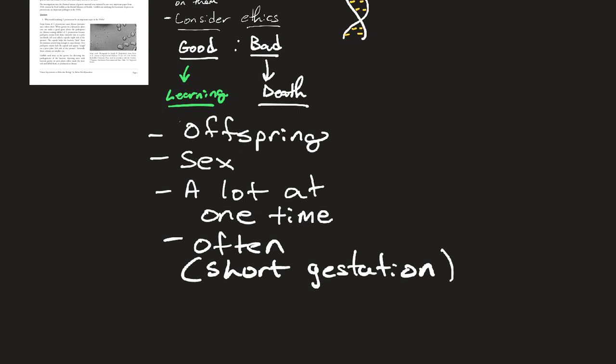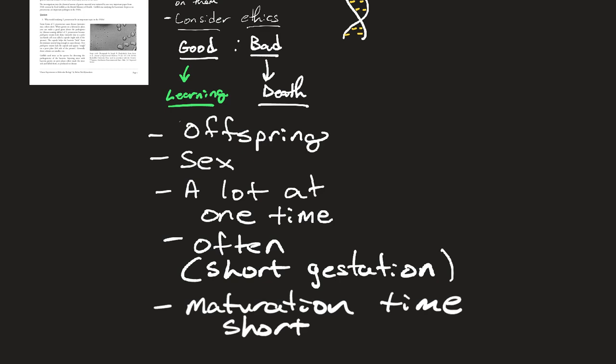Does that make sense? So gestation time is short, maturation time, how long it takes to grow up, is short.